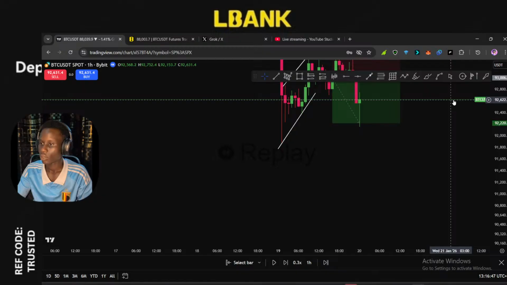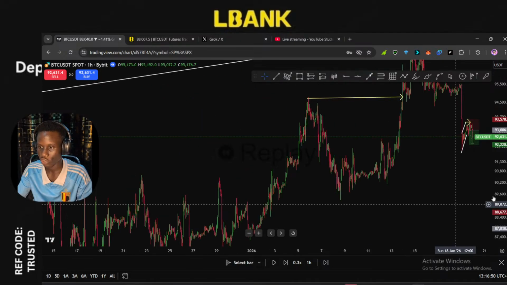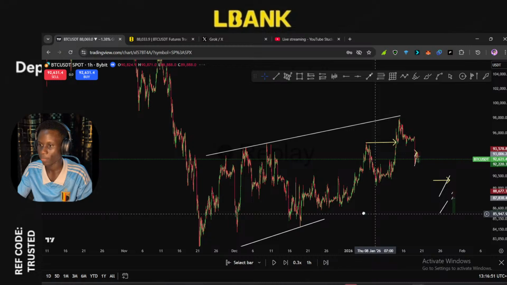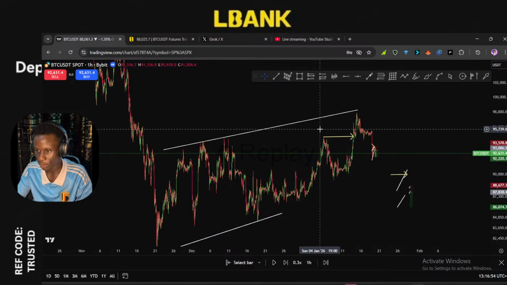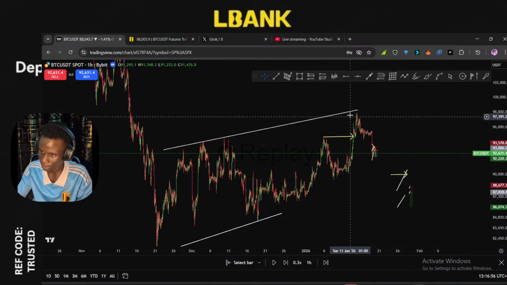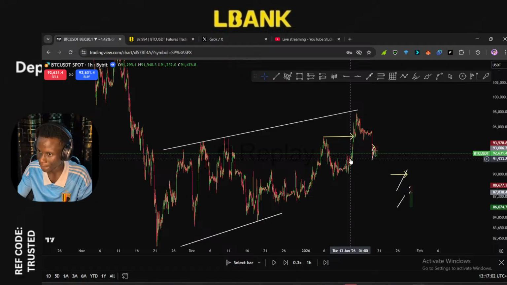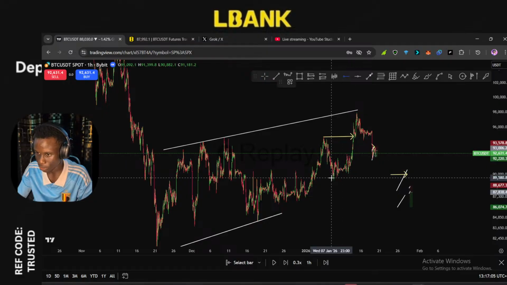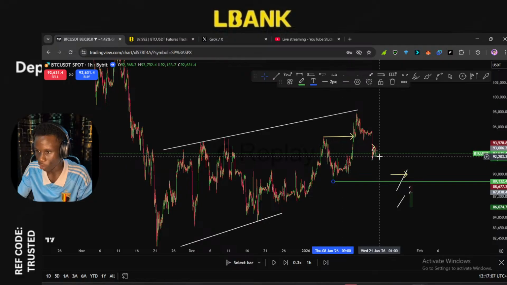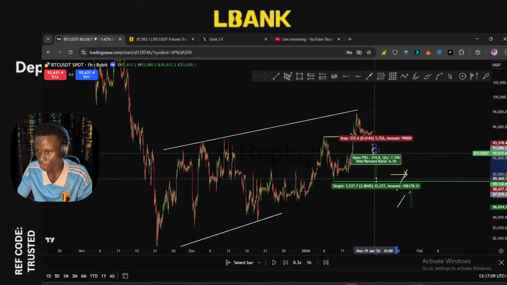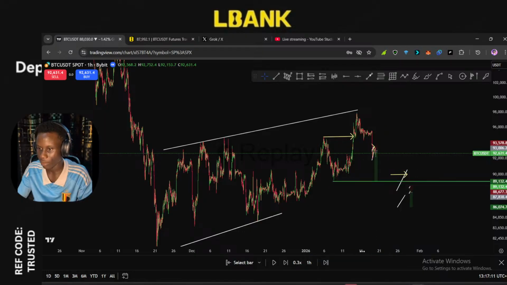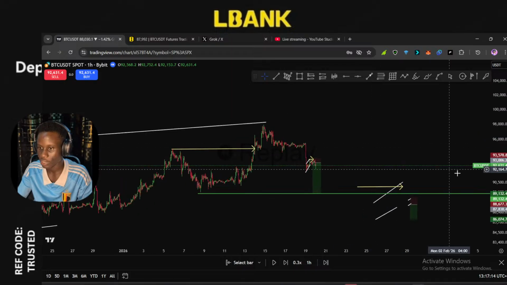Don't forget, our target for this trade now is at this support level, because this is a reversal pattern to the upside, and we broke the support, we broke the resistance level, and now we are back inside the zone. So we must get to this point before we can consider any other thing, and that is about 6.7 there.